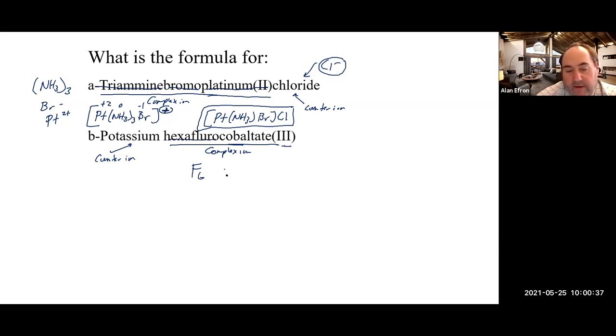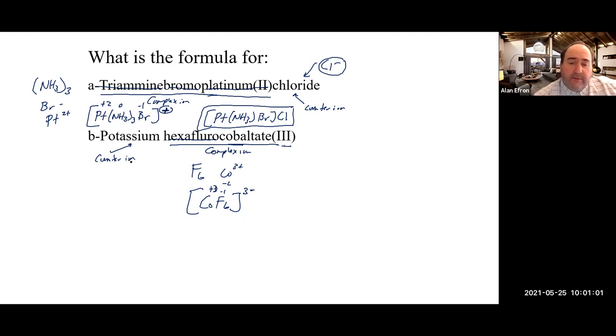Then we have cobalt with a +3 charge, which means our complex ion is CoF6. For the overall charge, cobalt is +3, fluorines are -1 and there are 6 of them, giving you -6, which means the complex ion has a -3 charge.